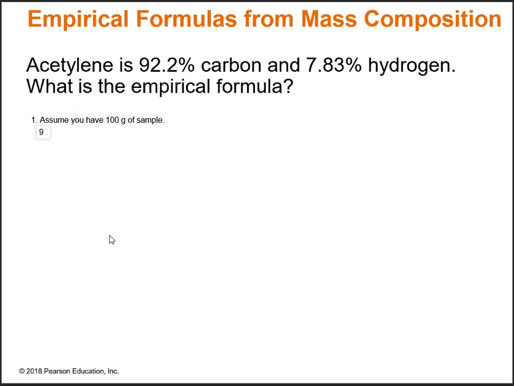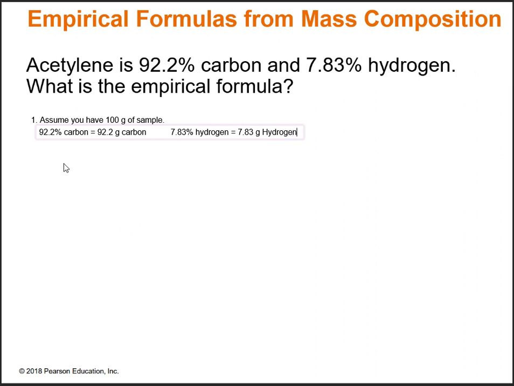So 92.2% carbon becomes 92.2 grams of carbon. Likewise, 7.83% of hydrogen becomes 7.83 grams of hydrogen.